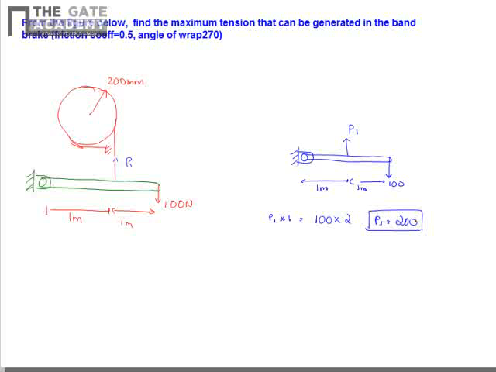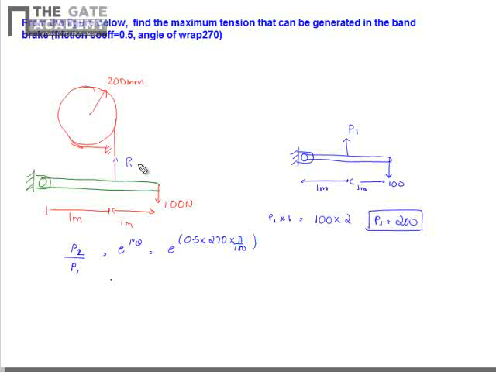Now, if P1 is the slack side for this band brake, then the tight side tension P2 to the slack side tension is given by e power mu theta. Here mu is given as 0.5 and theta is 270 degrees, so in radians it will be 270 into pi by 180.